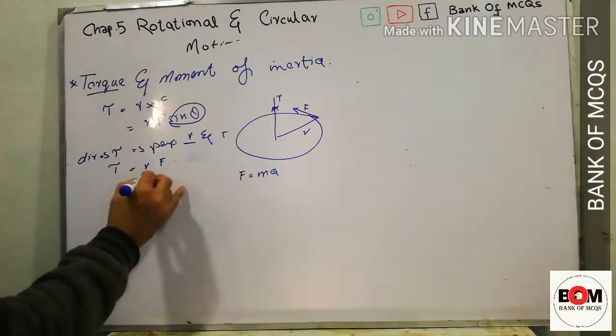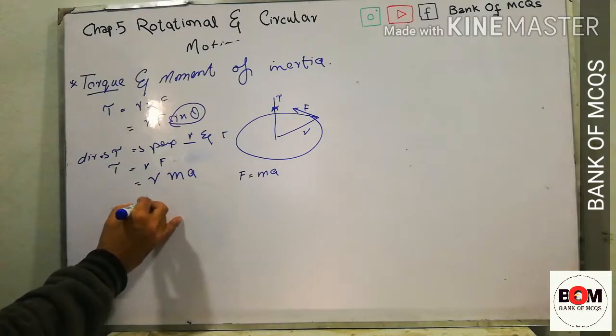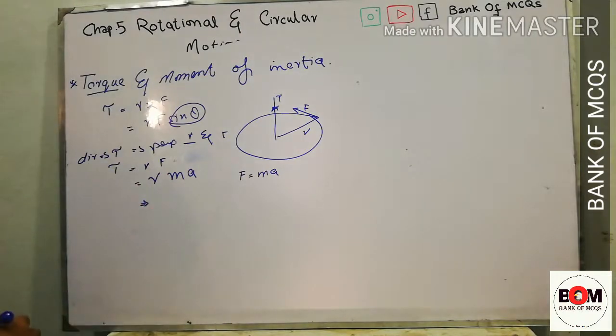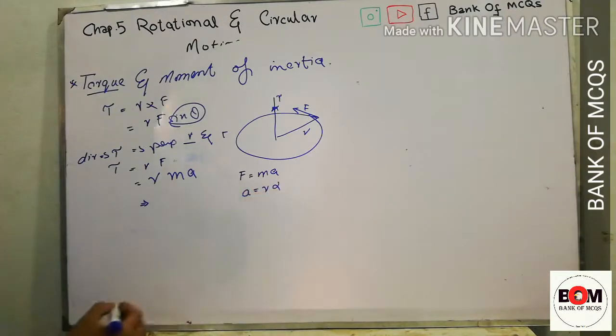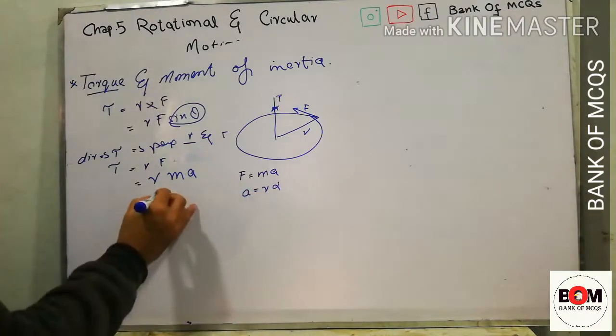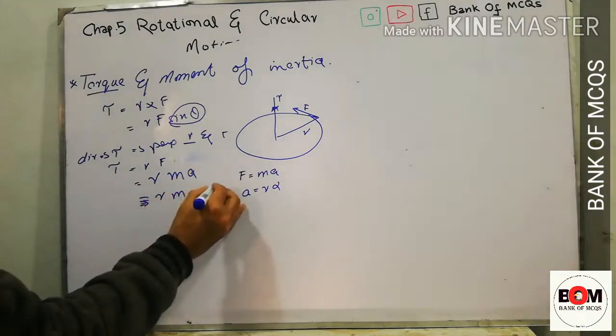Since f is equal to ma, we put f equal to ma. From previous studies, we know that a is equal to r alpha, so torque is equal to r m, where a is equal to r into alpha.